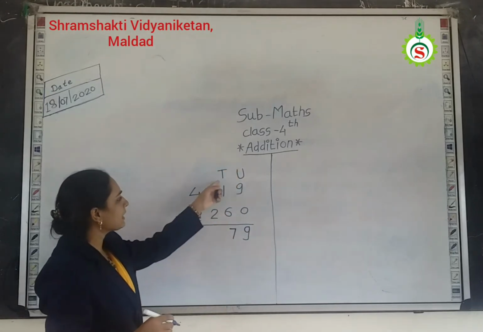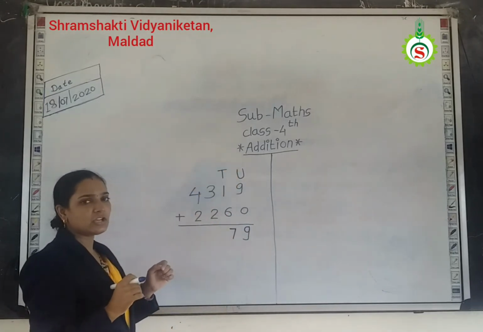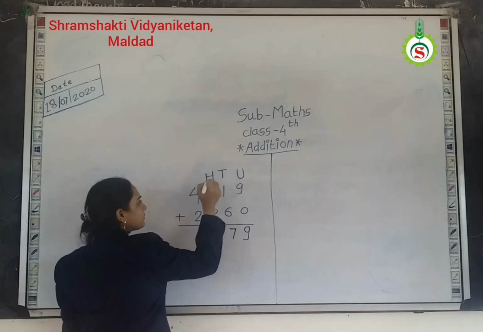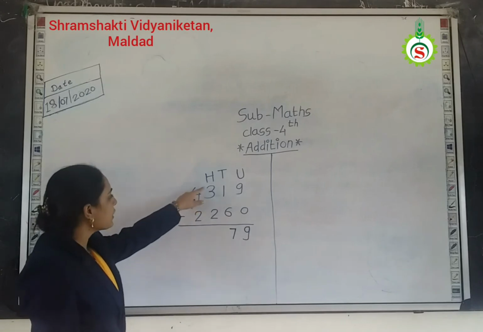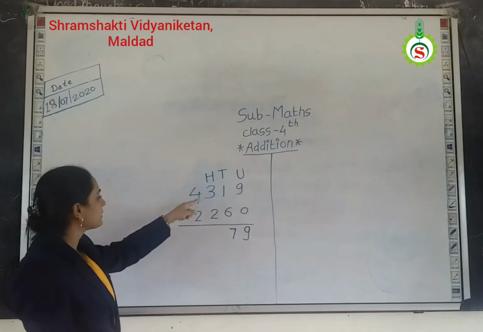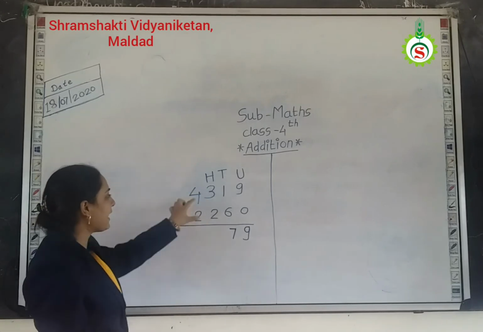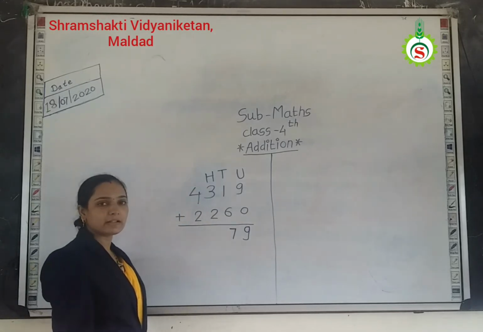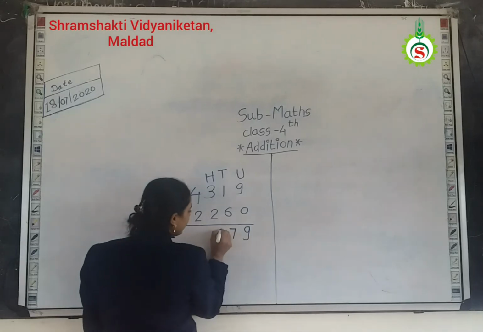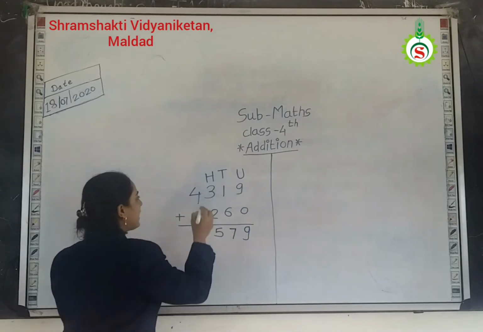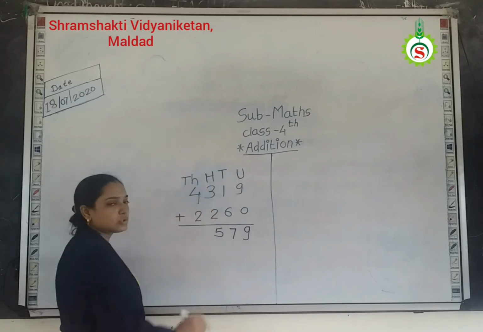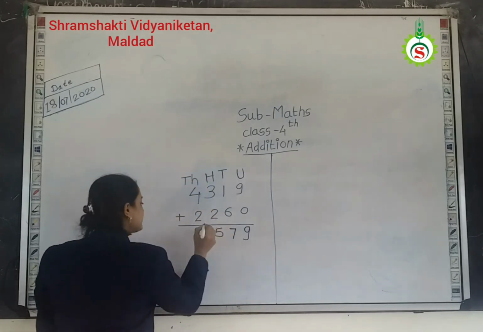Then after tens, take addition of the hundreds place. Which digit is at the hundreds place? 3 and 2. Add these two numbers. Tell me, 3 plus 2 is equal to? Correct, 5. And then thousands place. 4 plus 2 is equal to 6.